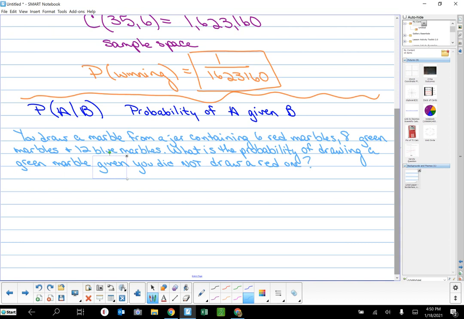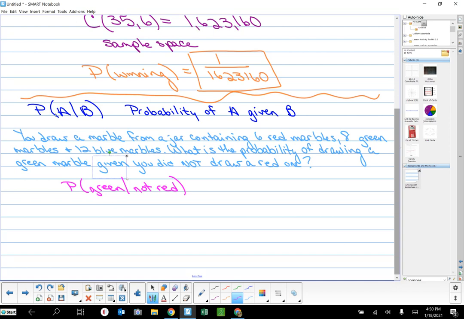All right, so here's what this looks like in notation. It looks like the probability of green given not red. All right, so here's how you're going to do this.